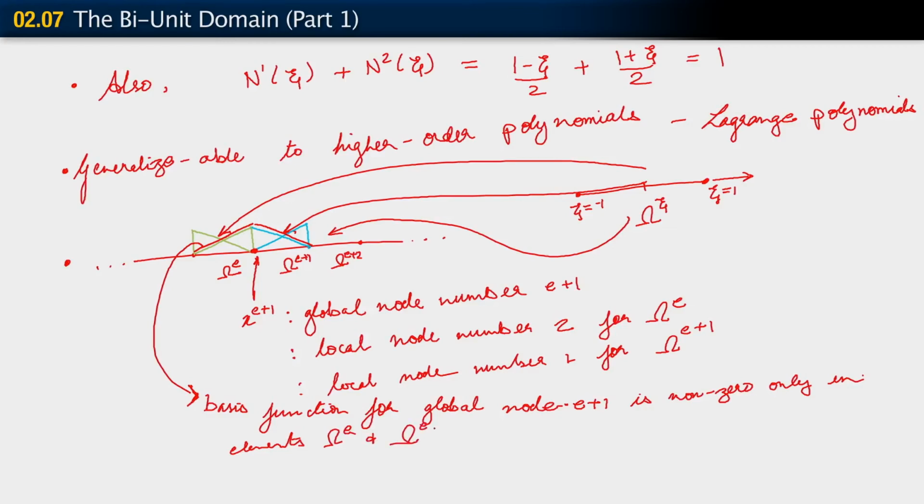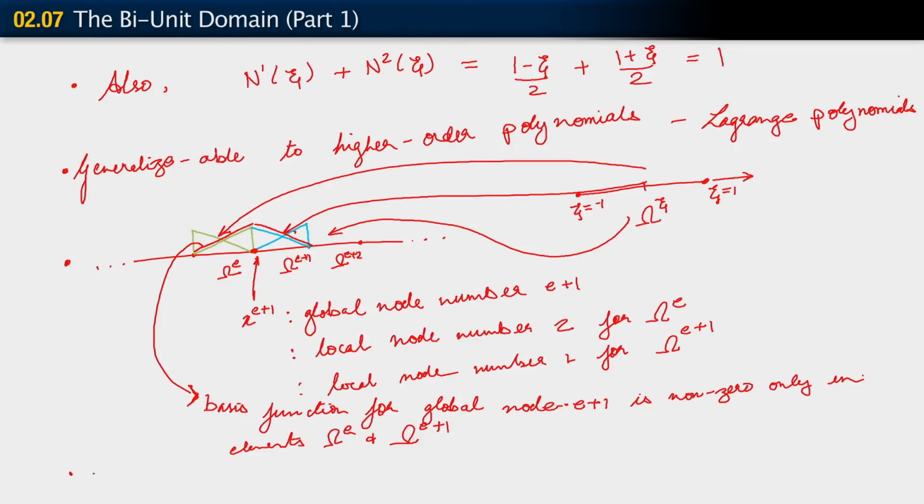We may choose to regard the basis function corresponding to global node number E plus 1, this red hat function that I have outlined here, as a globally defined basis function. However, its support is very local. Its support is local to the two elements, in this case, adjoining the node of interest. Okay?